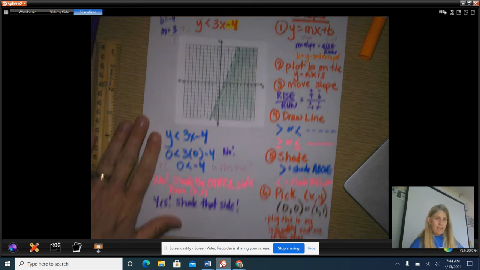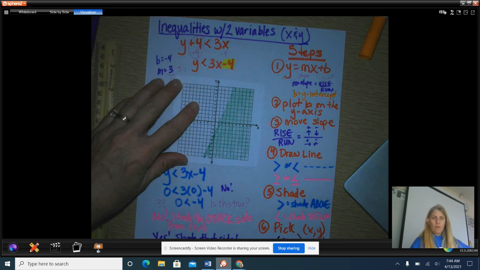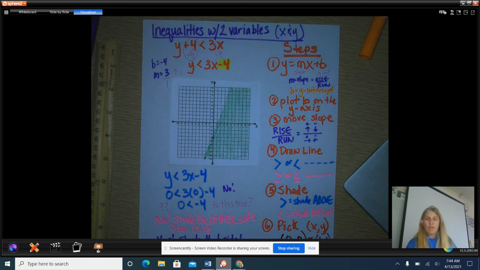So this, ladies and gentlemen, is how to solve inequalities with two variables. We are going to put it in the form of a line, y equals mx plus b. We're then going to plot the y-intercept and move the slope, rise over run. We're then going to draw our line. If it is greater than or less than, it will be a dashed line.